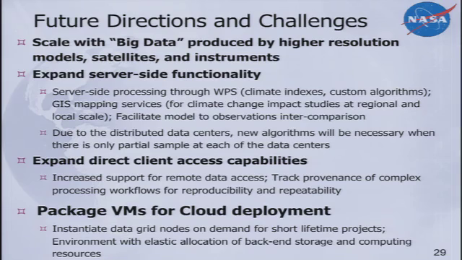We are not consolidating all the data centers, so we need to think about distributed statistical analysis. And of course, cloud is very interesting. How do we make use of this new cloud platform? We are thinking to use some virtualization technology, developing virtual machines to use in the cloud.